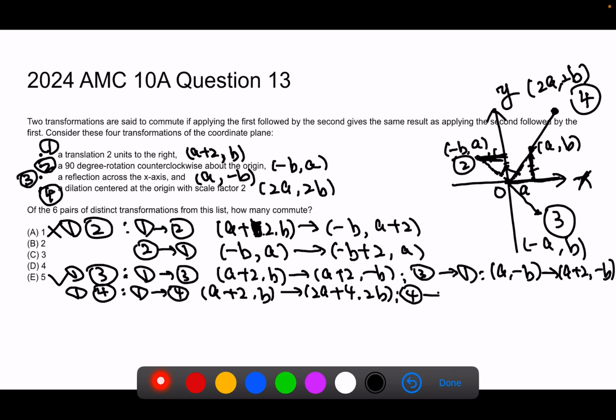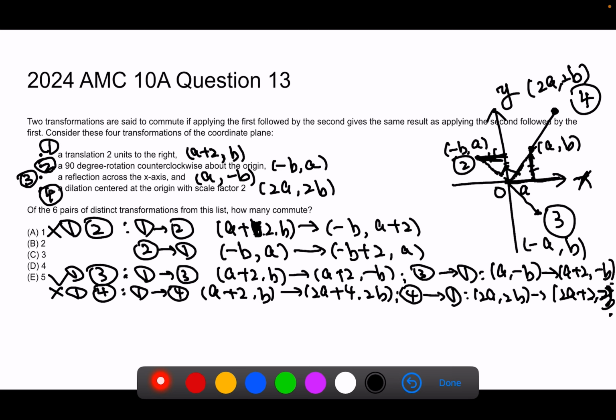Vice versa, 4 to 1, you're going to times by 2 first, so 2A, 2B, and then you add 2, so 2A plus 2, 2B. So y is the same, but x is not. One is 2A plus 4, one is 2A plus 2.